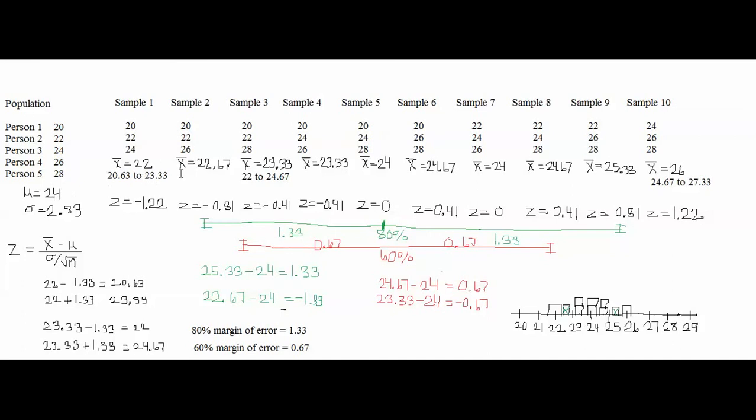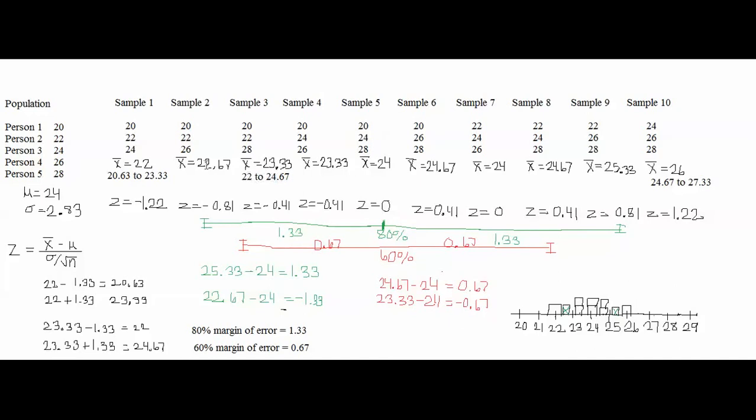It's above the confidence interval out here. When we took a sample from the middle 80%, meaning a sample between sample 2 and sample 9, and we created a confidence interval, the population mean did end up falling inside the confidence interval because 24 is between these two numbers in the confidence interval.